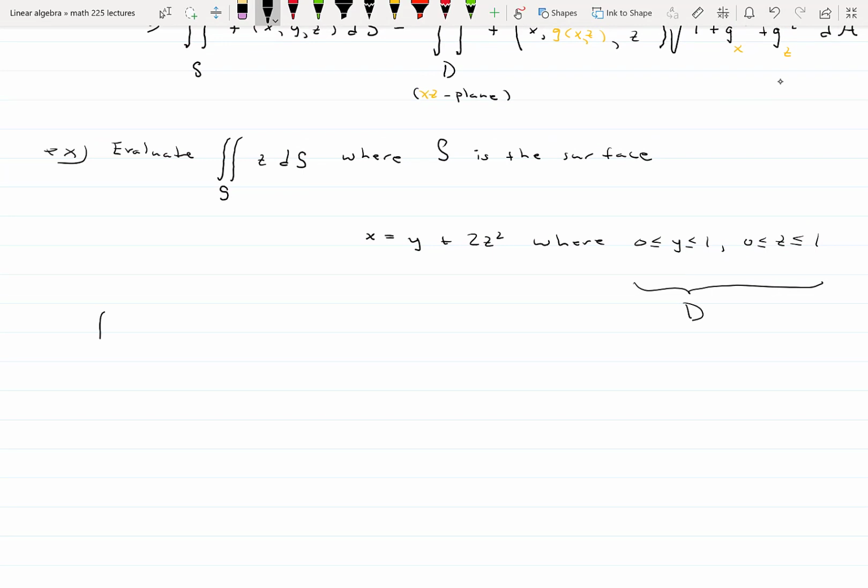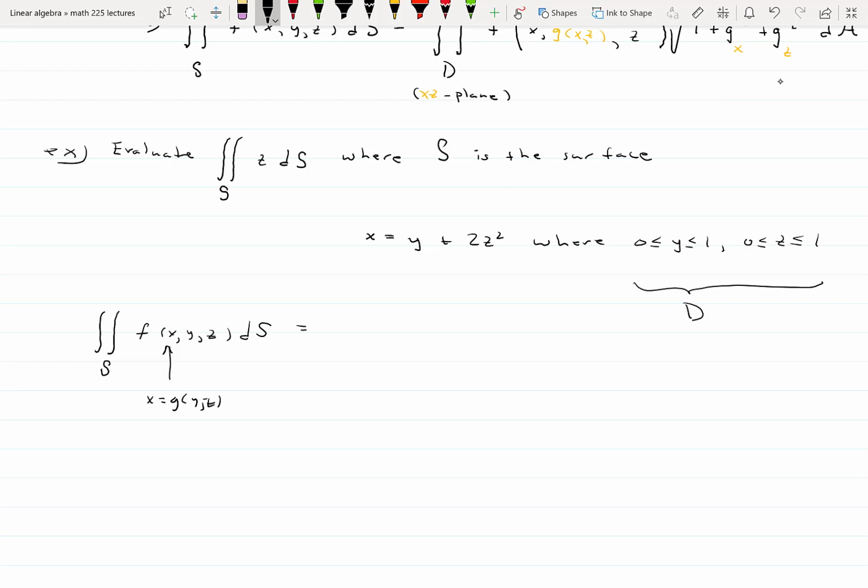Okay. So x is a function of y and z. How do we evaluate a surface integral over the surface S of f of x, y, z dS, where x is a function of y and z? We stuff x as a function of y and z, x equals g of y and z, into the integral, and then we convert it to a double integral.